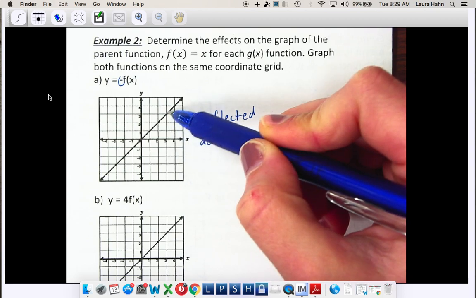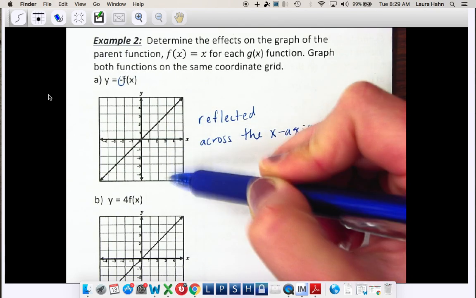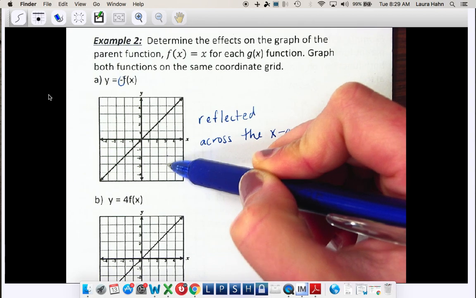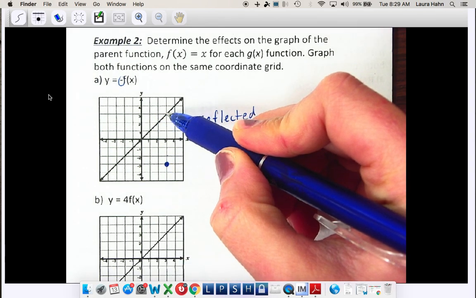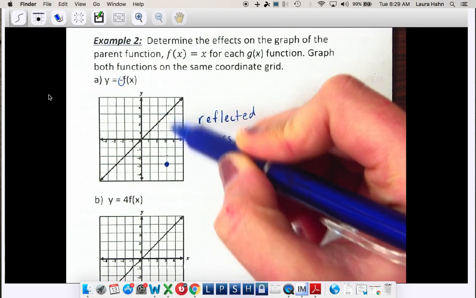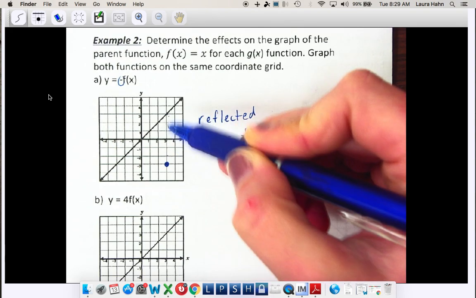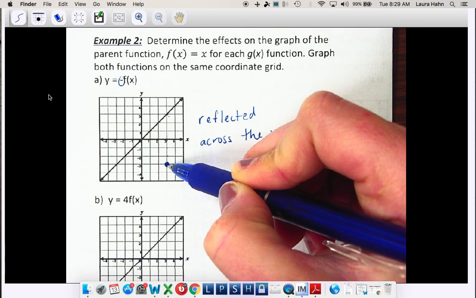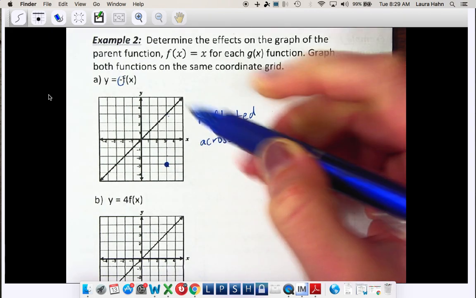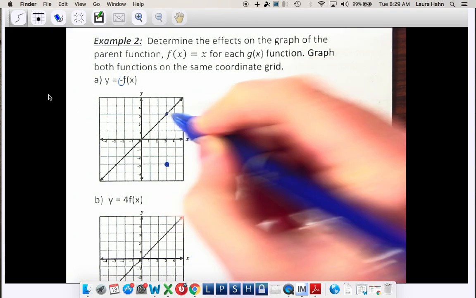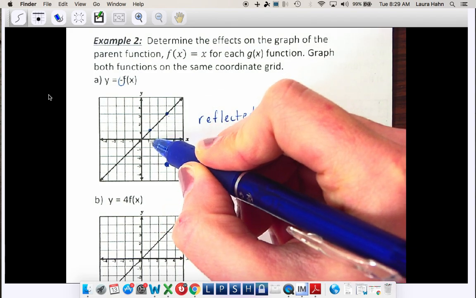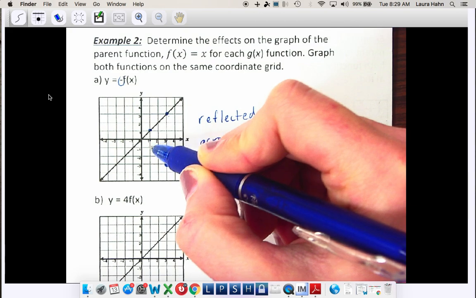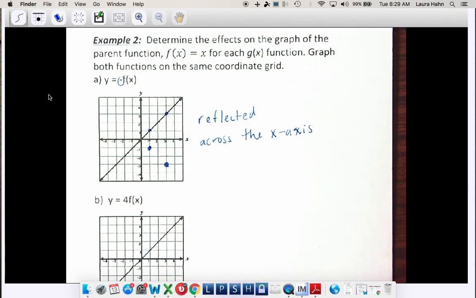So whenever I reflect it, I know it's going to be 3 squares on the other side. See that? So when it gets reflected, it's going to reflect the same distance on the other side. Let's pick this one. This one is 1 square away, so when it reflects, it's going to be 1 square away on the other side as well.